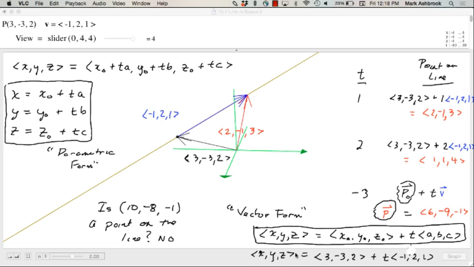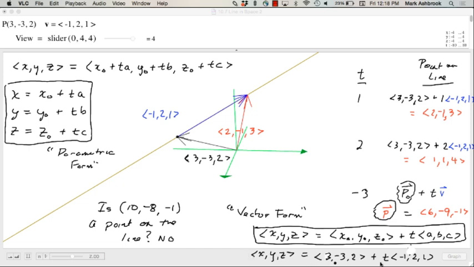Is this the only way to write the equation of this line? No. Give me another way to write the equation of this line. So here's x, y, z equals 3, negative 3, 2 plus t times the direction vector. What's one way that I could write this in a different way? I don't want to change the form.